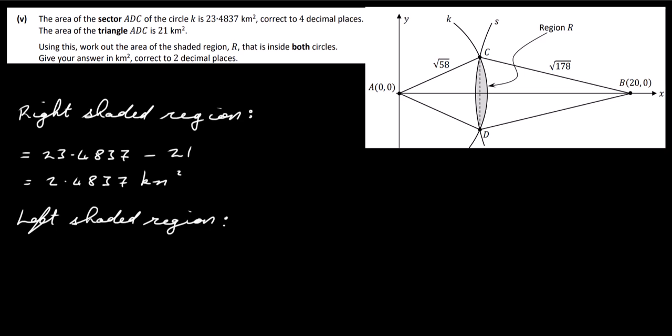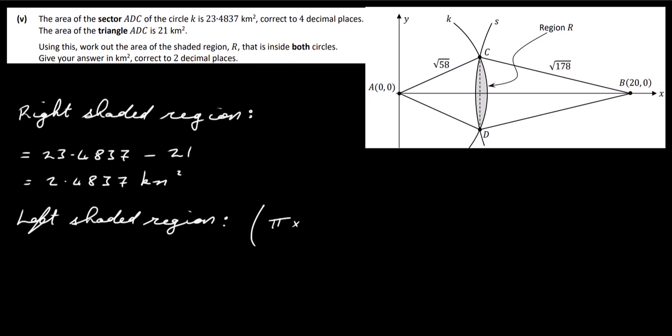The left shaded region is going to be the area of the sector on the right-hand side, so that's the sector within the circle S. The area of a sector, remember, is going to be pi r squared anyway. So it's pi times the radius of the circle, and the radius of the circle we're talking about is this length here that makes up this circle S. So that's the square root of 178.